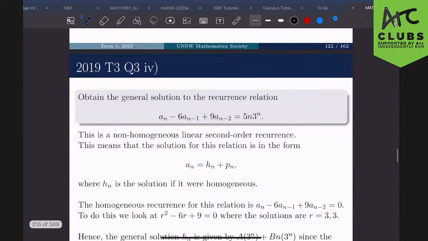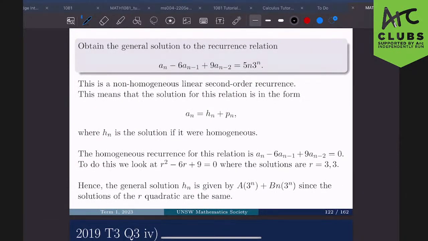Okay, so we just start off with the default one where we just find solutions to this quadratic, right? This is the first step, as always.